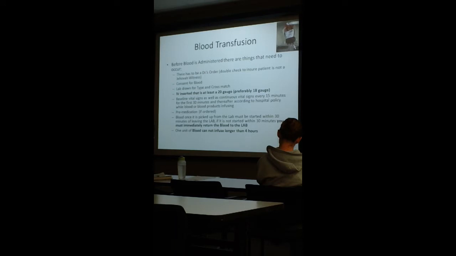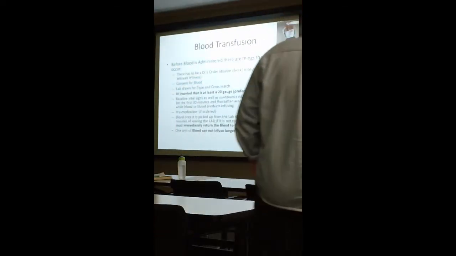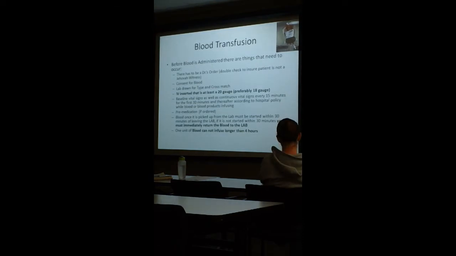Normally, you want to start an 18-gauge angiocath. That's the preference, 18 gauge. Preferably 18, but at least a 20 gauge, because sometimes you have frail patients, and it's really tough getting IV access.